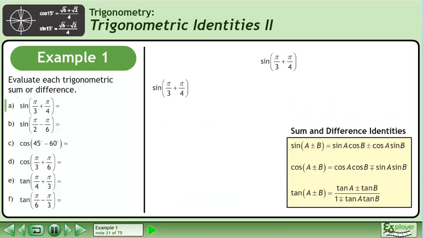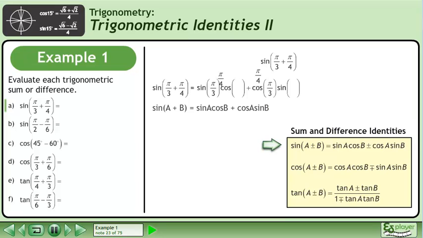Now we'll evaluate the expression sine of pi over 3 plus pi over 4. Use the sine sum formula. Expand using the sum formula.